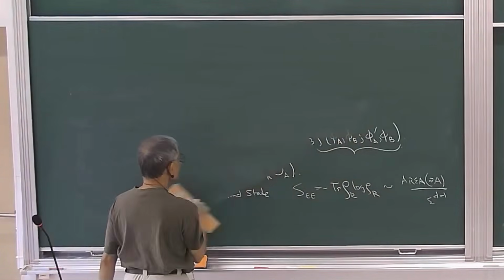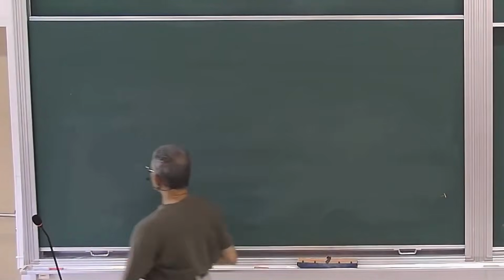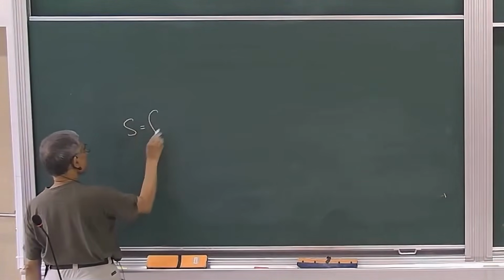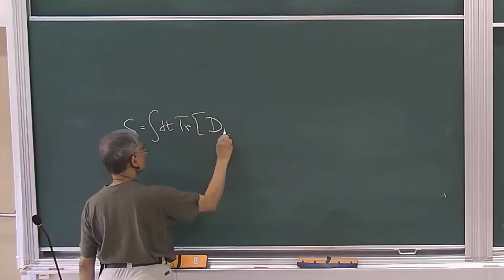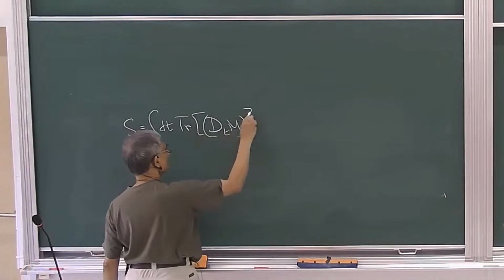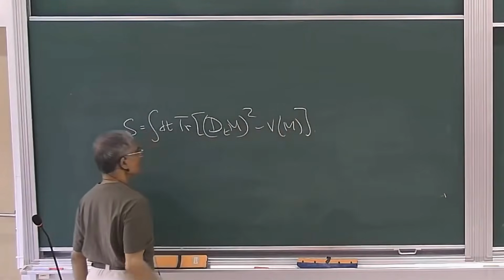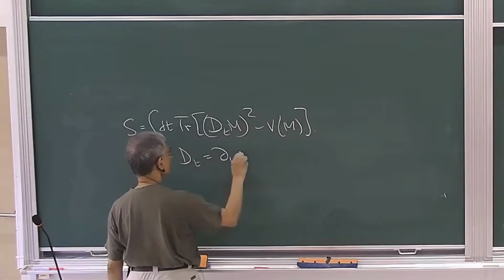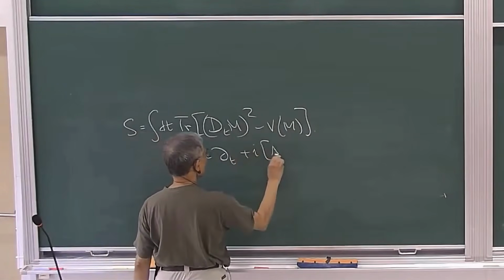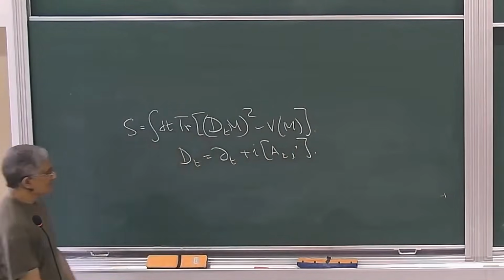If I have gauge quantum mechanics of a single matrix, the action would be something like this, times some potential, where dt is whatever it is.